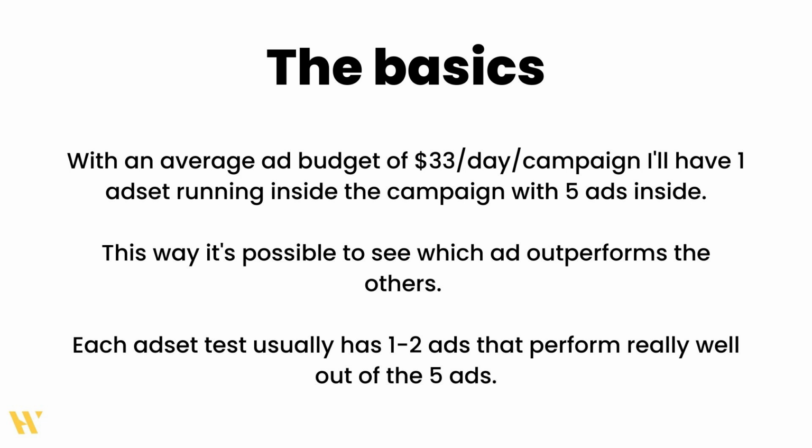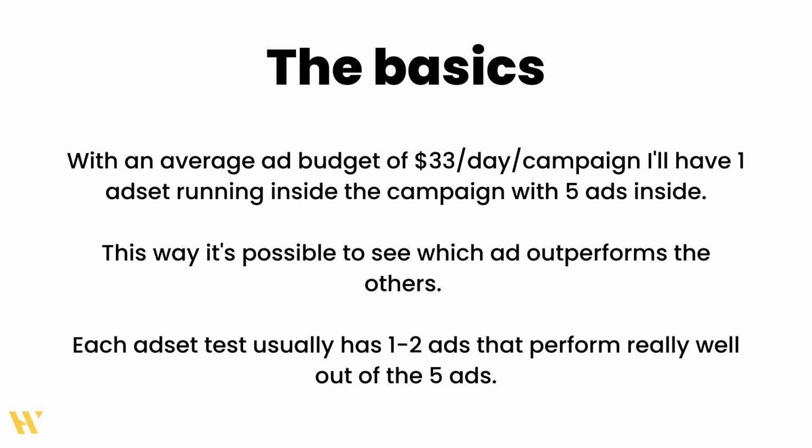This way, it's easy to see which ad outperforms the others, which ad is going to be the winner. You can see the click-through rates, the cost per clicks, and just see which ad is going to convert best.